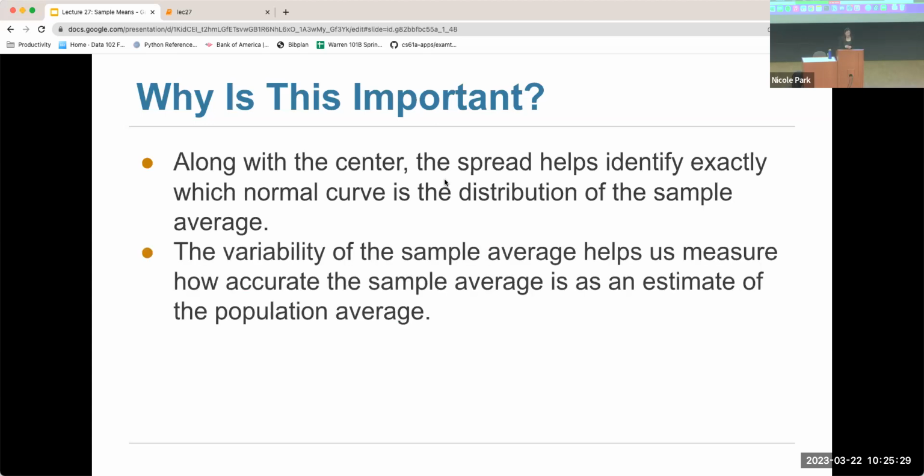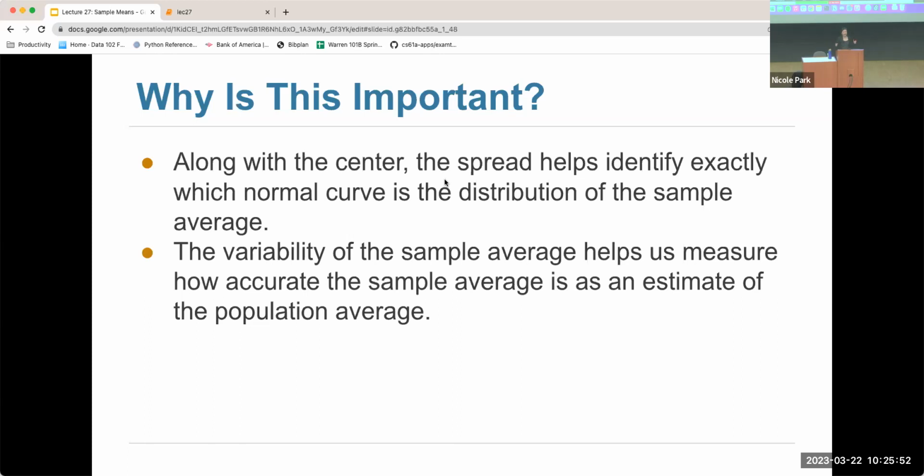The variability of the sample average helps us measure how accurate the sample average is as an estimate of the population average. So let's say that I had a really wide standard deviation. The sample average could be so many different potential things. That's not giving me a lot of information. I can't say with a lot of confidence what I think the sample average is going to be or what I think the population average is going to be.